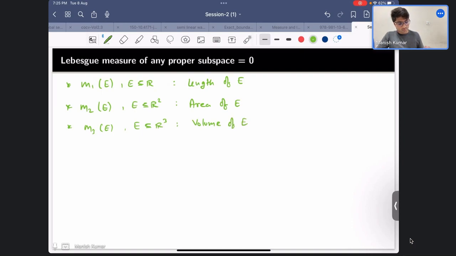And so on. If you go in higher dimensions, it will be measuring the size from all the directions.